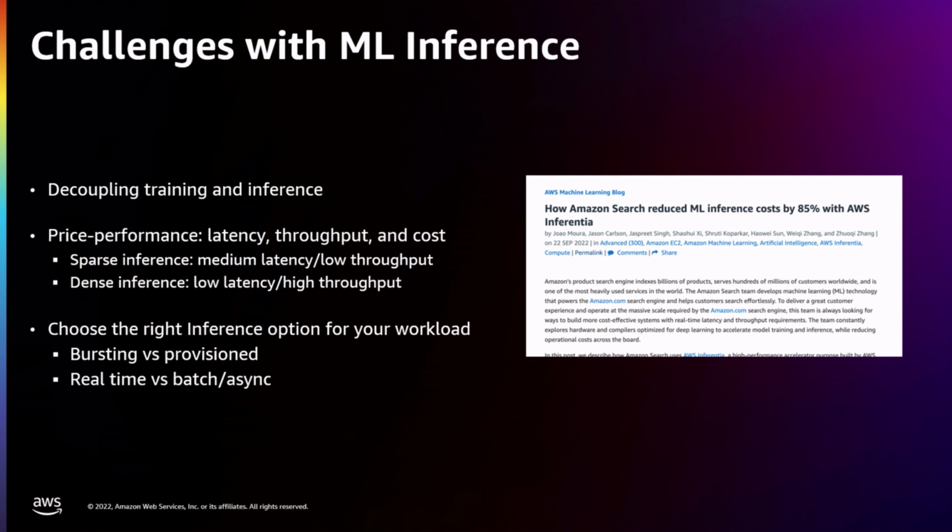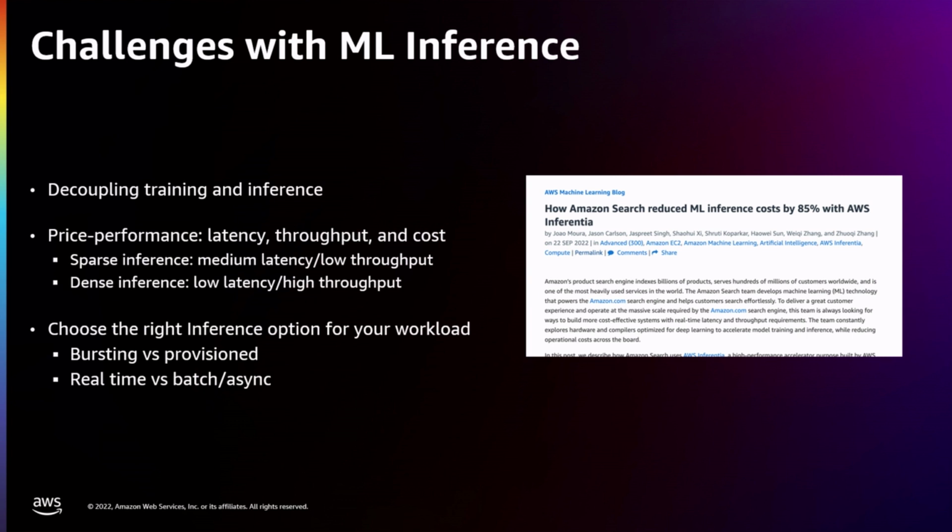Talking about inference, you really need to take into account the various requirements that you would need for inference. Two categories of which you can think of is sparse inference, where you need medium latency and low throughput. And in order to, again, be cost effective, a popular option is to leverage our C6i instances, which leverage Intel CPUs behind the scenes, because they are very cost effective.